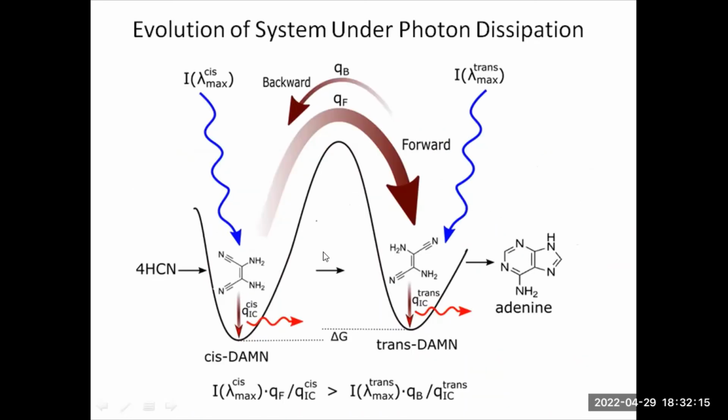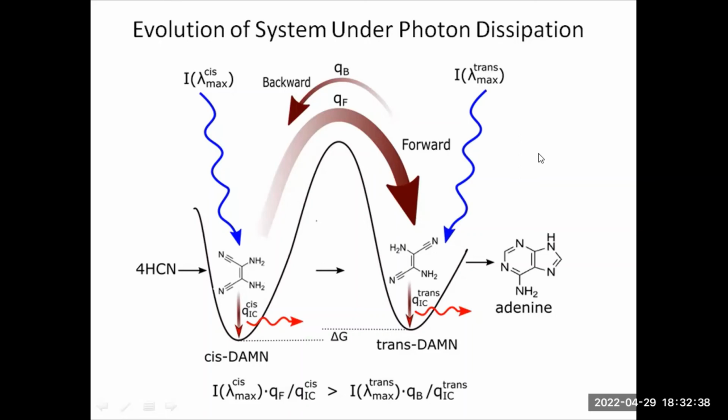And you can see that to make the following molecule always smaller, we need a greater quantum efficiency for dissipation to the ground state through internal conversion, that's why QIC. So that allows us to go through an evolutionary process.